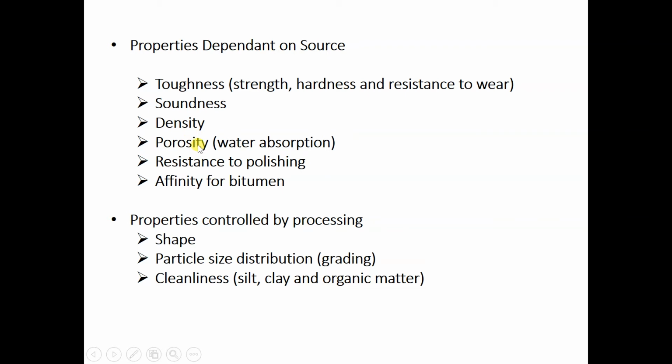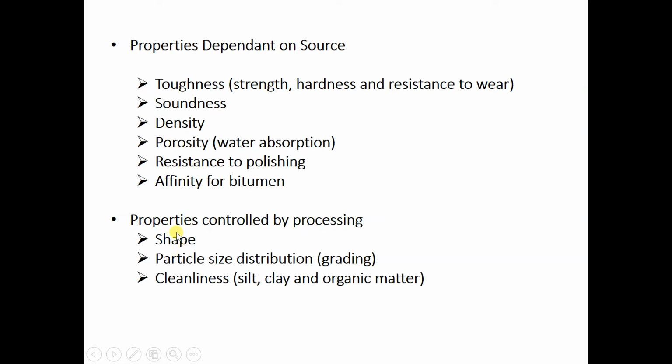Porosity, whether water can flow through. Resistance to polishing: some aggregates are very tough, so they are very resistant to polishing. Affinity for bitumen: how easily the aggregates can be coated with bitumen.